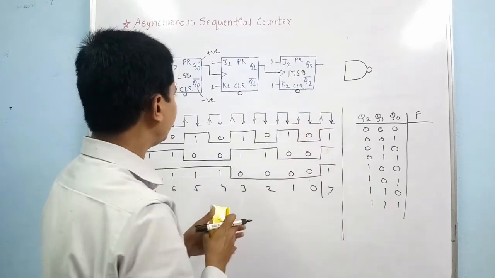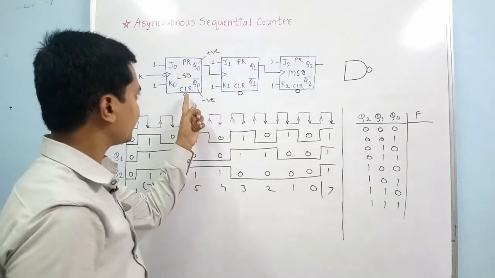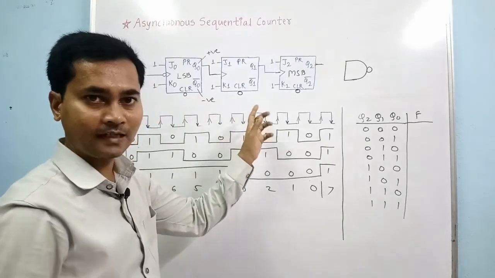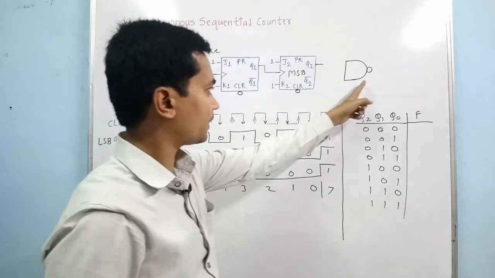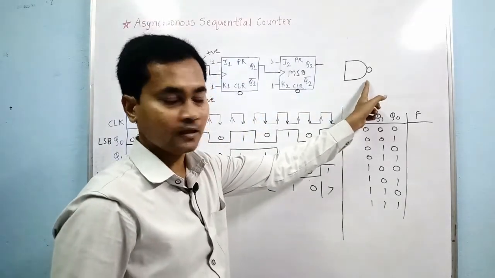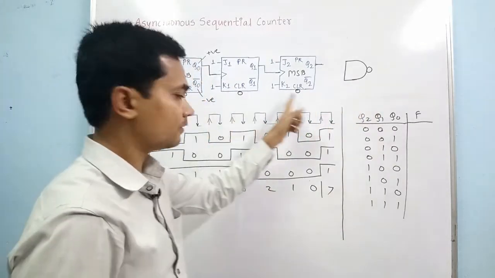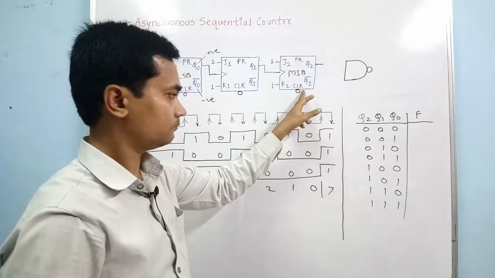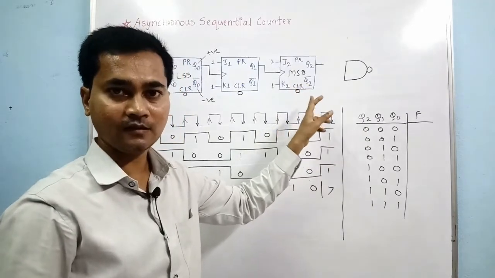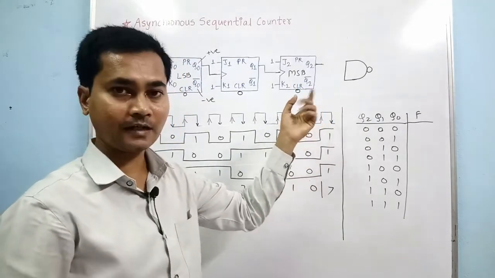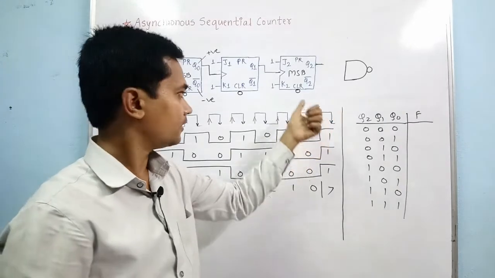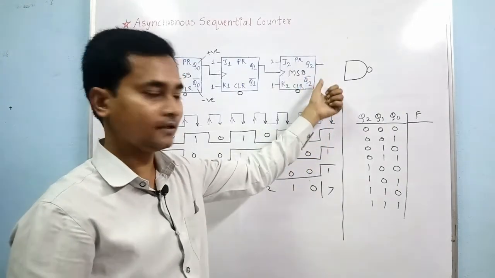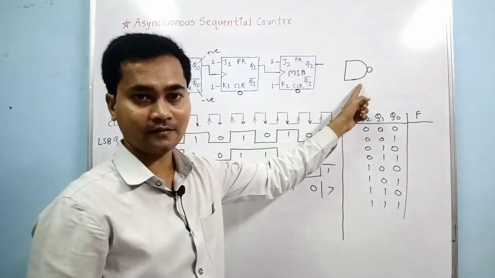If the clear pins are active low, then we have to prefer the NAND gate. If the clear pins are active high pins, or they require an active logic 1 on these pins to clear the outputs, then we will prefer the AND gate.